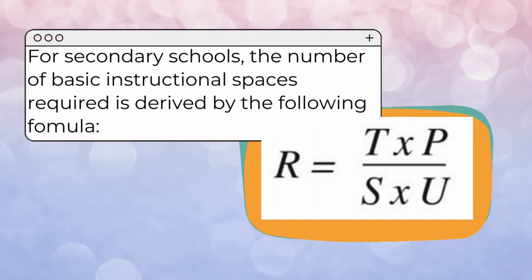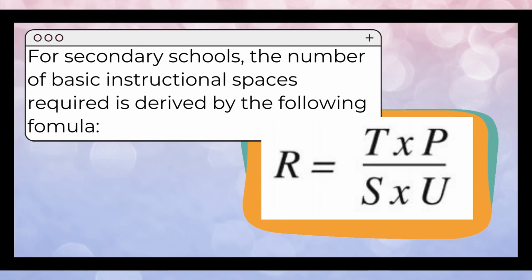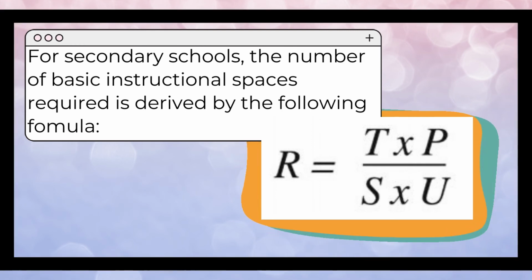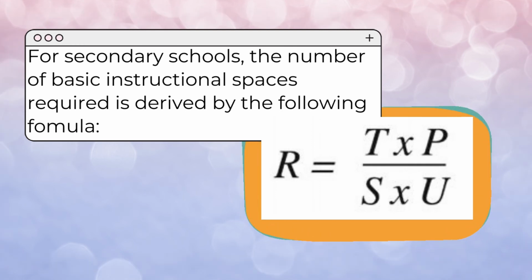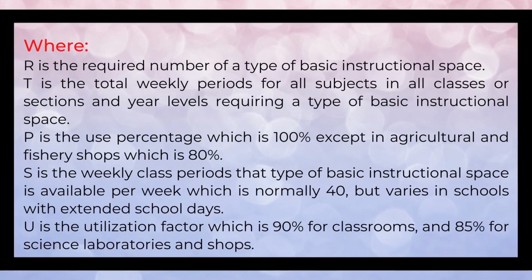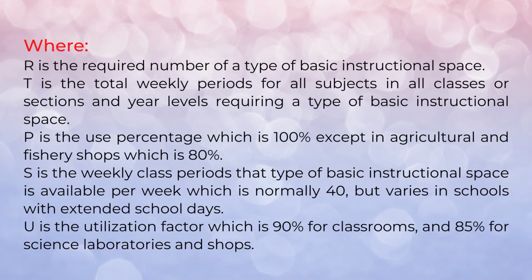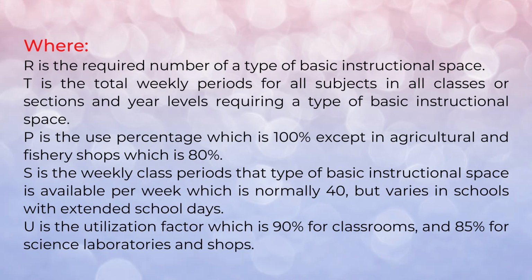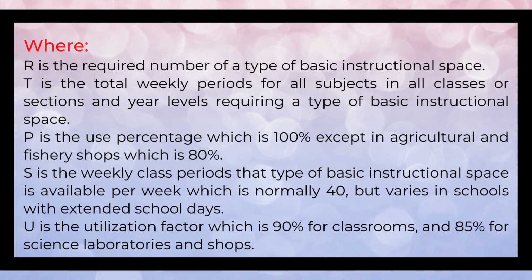For secondary schools, the number of basic instructional spaces required is derived by the following formula. R = T × P / S × U, where R is the required number of a type of basic instructional space, T is the total weekly periods for all subjects in all classes or sections, and year levels requiring a type of basic instructional space.